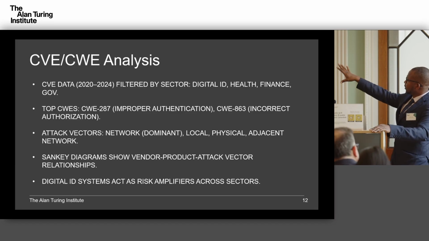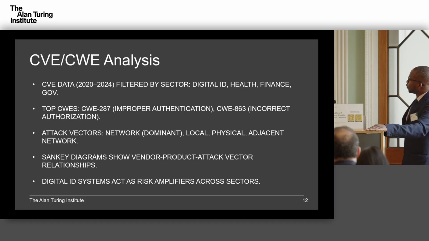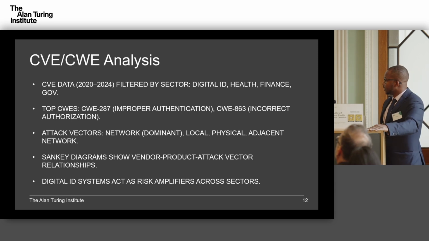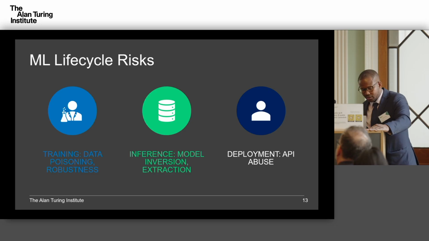The top common weaknesses that existed in our work were CWE 285, improper authorization, then CWE 863, incorrect authorization. Then there were also issues relating to the attack vector. In all, when we showed this with a Sankey diagram, we realized that digital ID systems in general have some risks across all sectors using the case studies that we adopted.